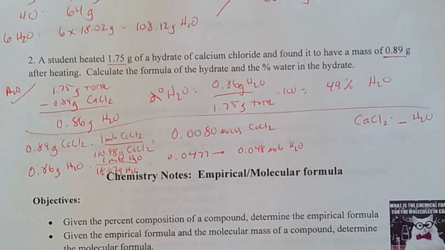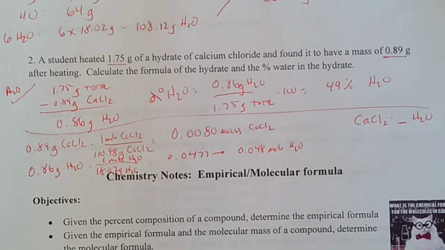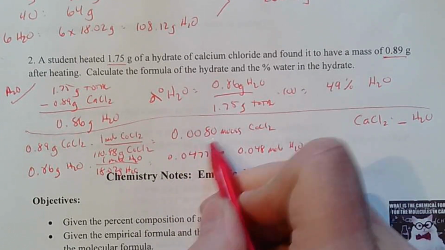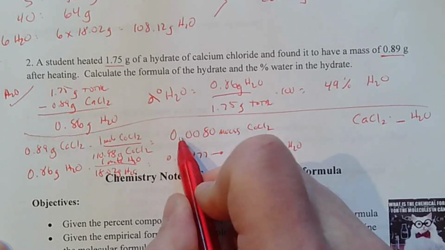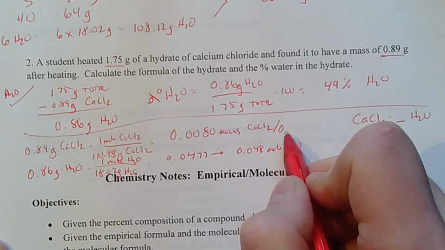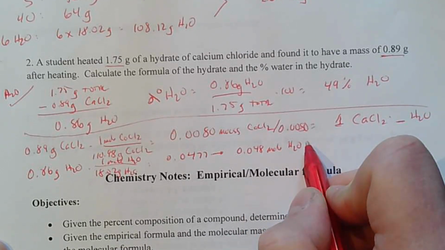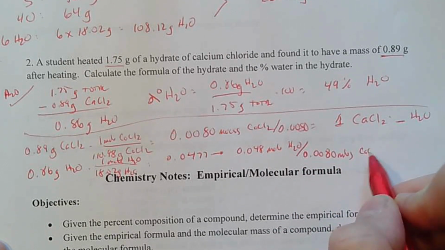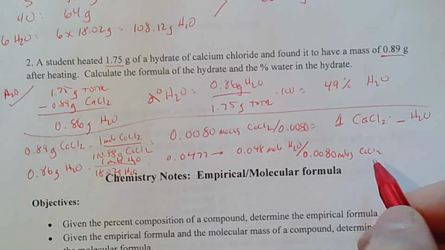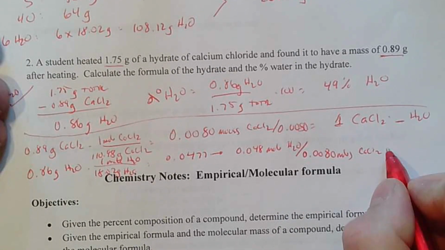For every 1 mole of calcium chloride, basically how many moles of water do you have? Well, the way to get this into 1 mole is I'm going to divide both these values by this number. Because 0.0080 moles divided by 0.0080 is 1. If we do this divided by 0.0080 moles, you get a value of 6.